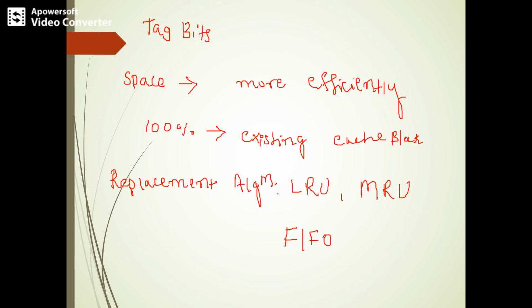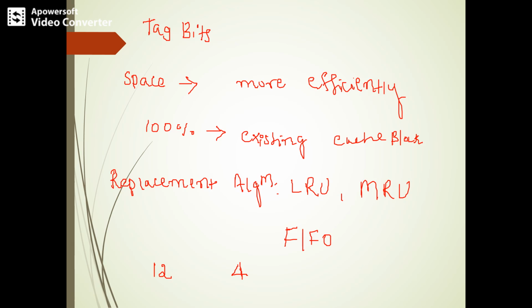With respect to associative mapping, we have 12 bits to specify the tag value and 4 bits to specify the word. The cost of an associative cache is higher than direct mapping, because we need to search all 128 tag patterns to determine whether a given memory block exists in the cache or not.